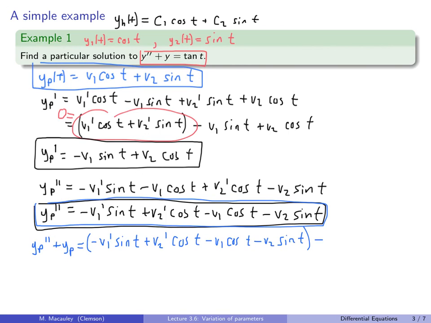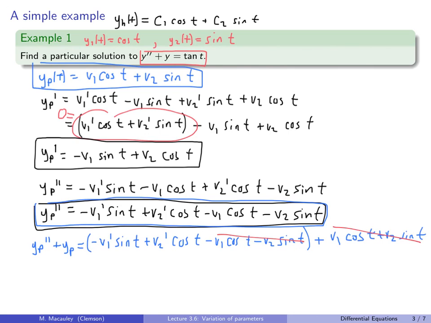So that's yp double prime, and then yp, that's up here, plus v1 cosine of t plus v2 sine of t. And look what happens. You see something here? That term is going to cancel with that term. And yes, that always happens.